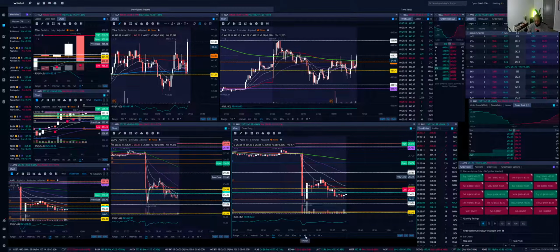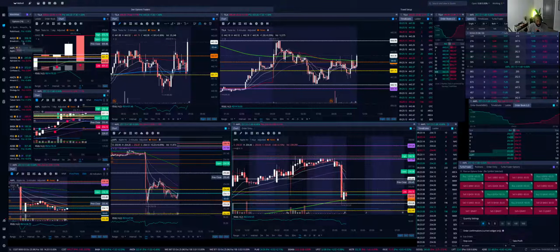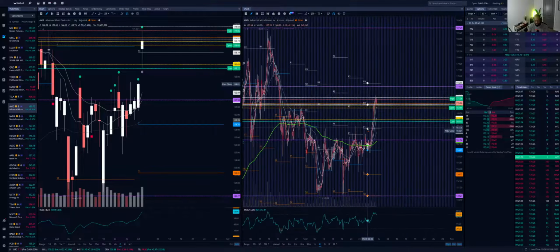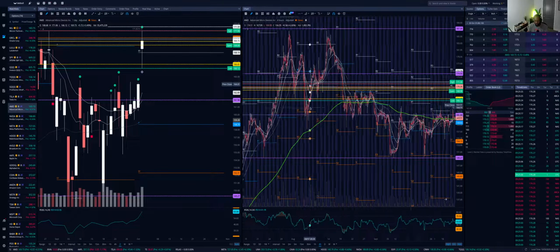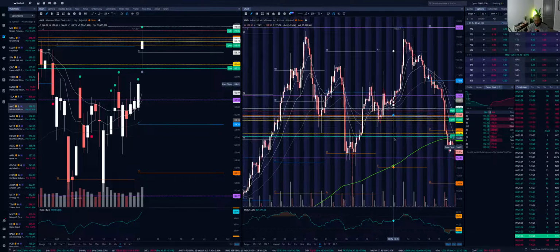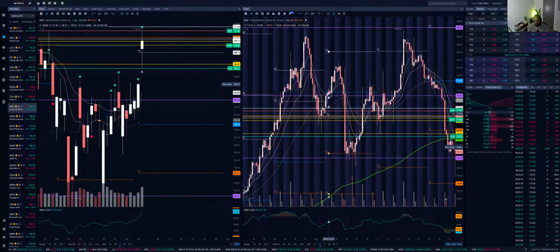Why? Because on the 4-hour chart, and let's go on a bigger screen, Tesla's popping right now. On a 4-hour chart, if we take a look at Apple, let's zoom in. We're going to find a slight double bottom on this one.